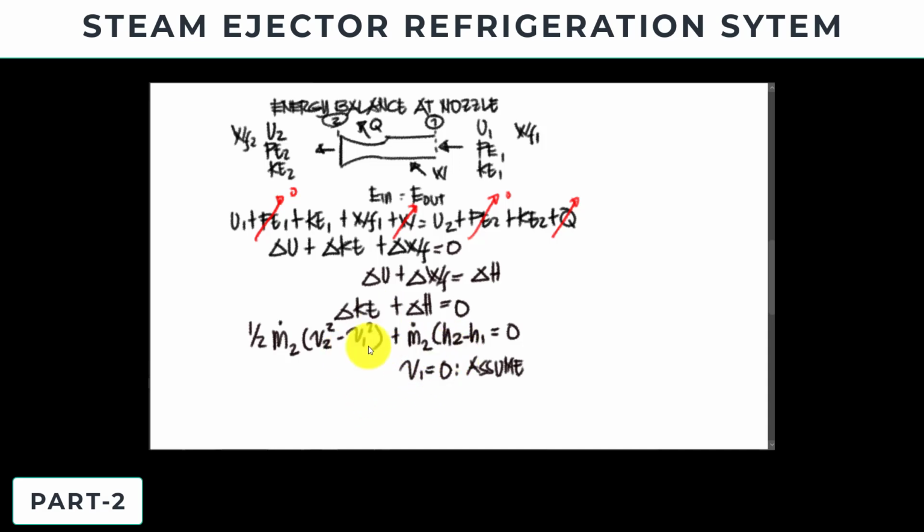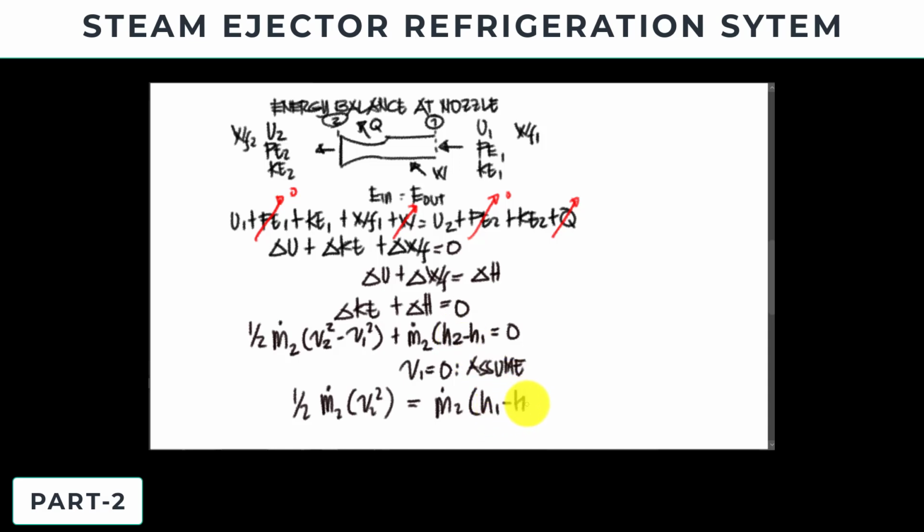let's transpose this one to be 0 out. So finally, my velocity 2 is equal now to the value of, since this one will be cancelled out, we have the same mass flow rate, so we can cancel this one, or let's try to show this one, the cancellation. So we have your 1/2 mass flow rate 2, we have the velocity 2 squared, so this is now 0, which is equal to the mass flow rate 2 times enthalpy 1.